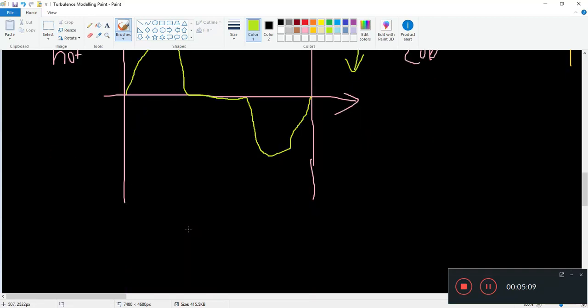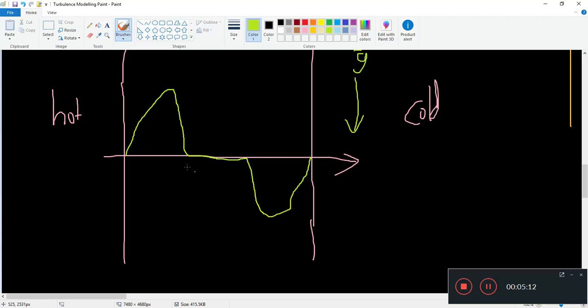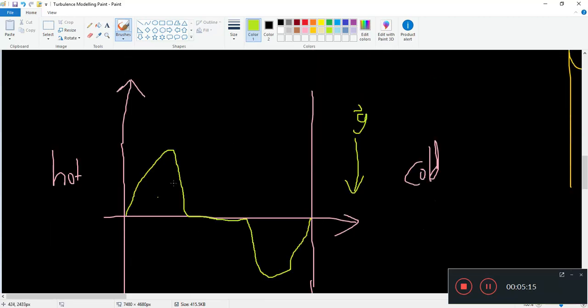So what actually happens? If this is a so-called infinite plate, and you have this hot and cold wall, this is the velocity profile in the y direction. Let's say you look at one of the values here, and this is, for example, 0.01 meters per second, and let's say your LES model gives you 0.015 meters per second.